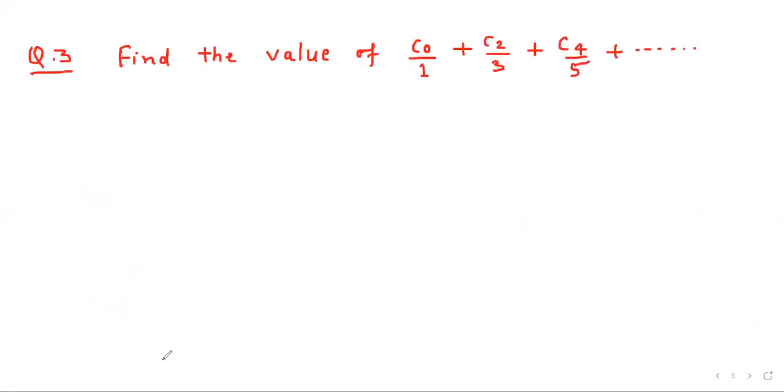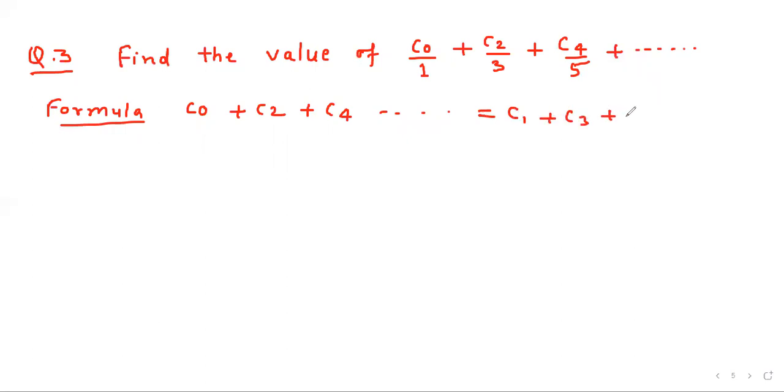Now let's see next question. Question says find the value of C0 upon 1 plus C2 upon 3 plus C4 upon 5 etc. So there is one formula. Formula says C0 plus C2 plus C4 plus ... equal to C1 plus C3 plus ... equal to 2 power n minus 1.